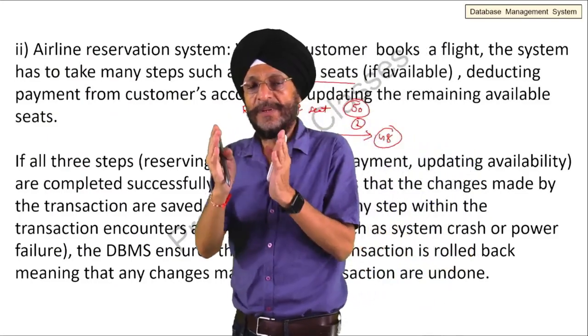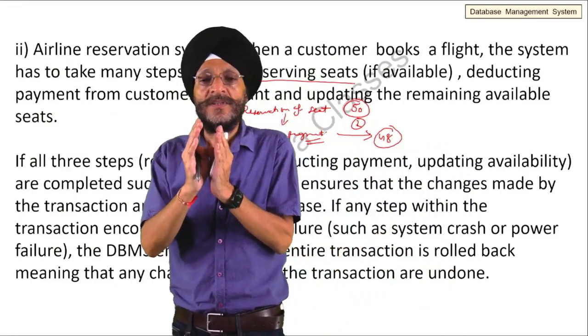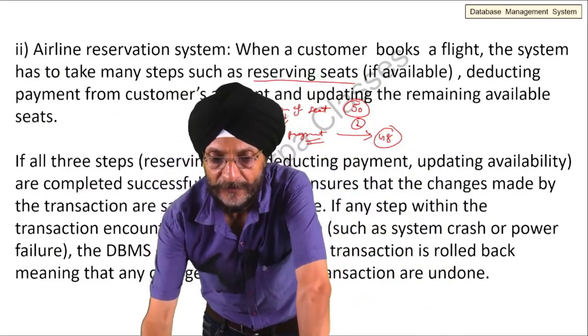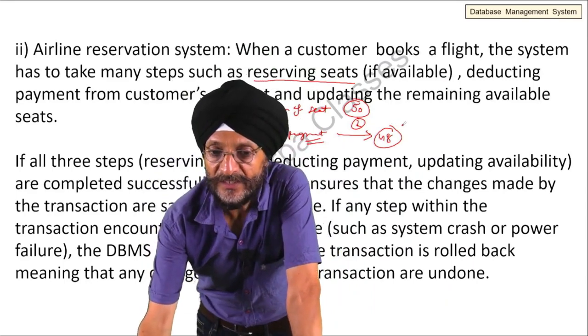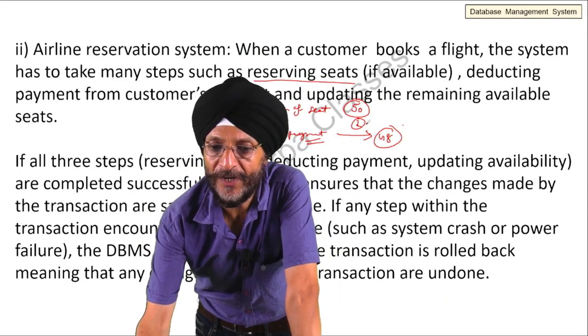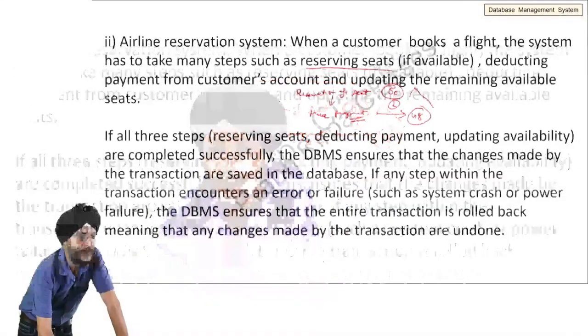Then the DBMS will ensure that the seat count which was being allocated to you is reverted back to 50.